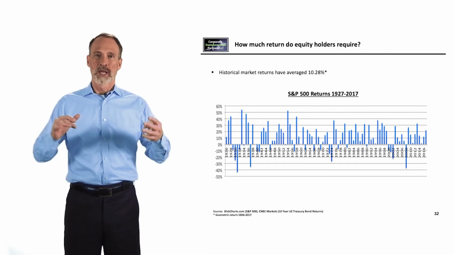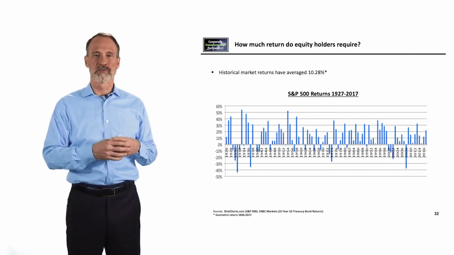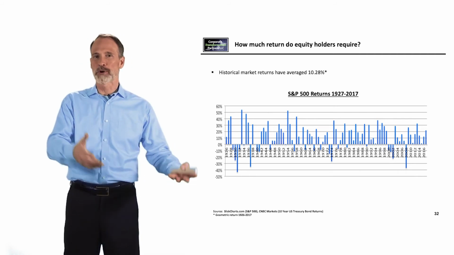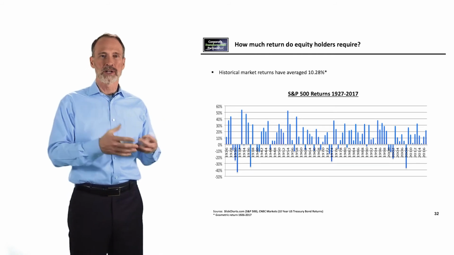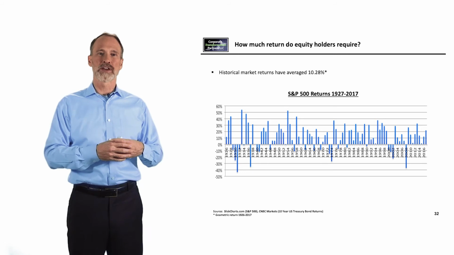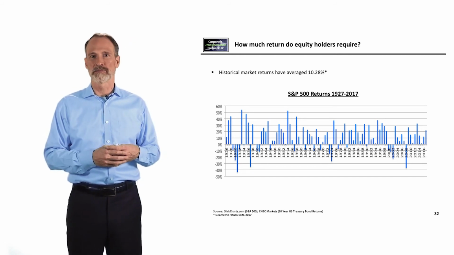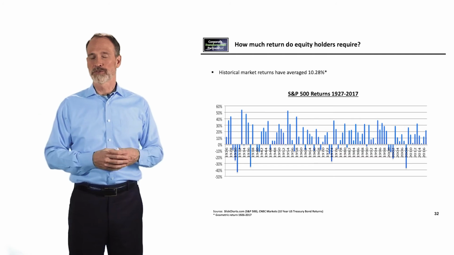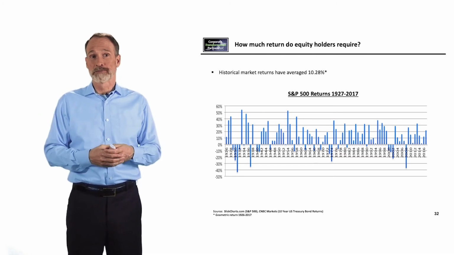And furthermore, if you see no huge flights of capital into the S&P 500 or huge flights of capital out of the S&P 500, you can assume that whatever that rate of return is, it's sufficient for compensating investors for the risks that they feel they're facing in the S&P 500. So there you go. What's your cost of equity? On average, 10% is actually a pretty good answer.